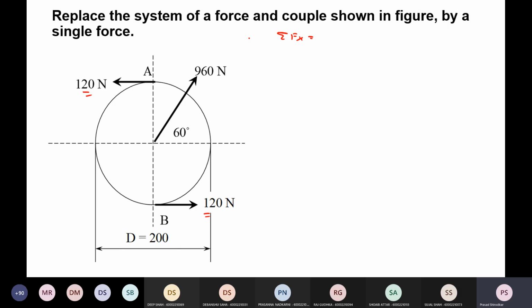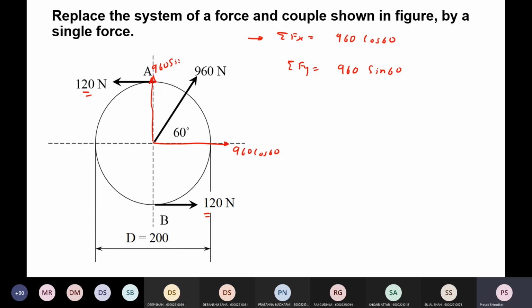All right, so summation fx, if you take right hand side positive, will be 960 cos 60. Summation fy will be 960 sin 60. Yes, sir. So you actually don't have to do all this because there is only one force, that is the 960.